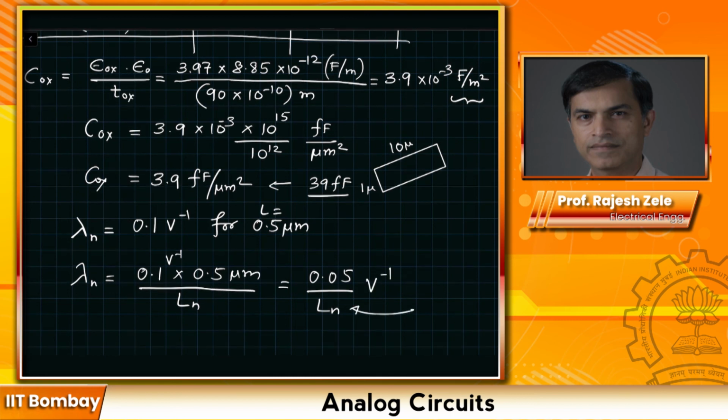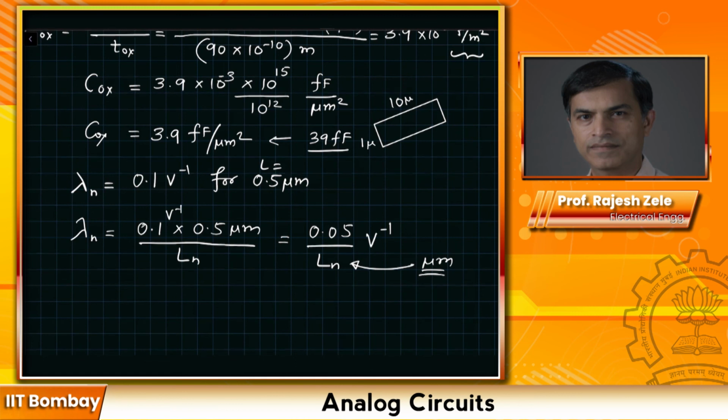Here Ln is given in micrometer, so remember that. This is the formula that you would use to quickly compute. Let's say if the channel length of the transistor is 5 micron, then you can quickly tell that our lambda has dropped down by an order of magnitude to 0.01 volt to the power minus 1.